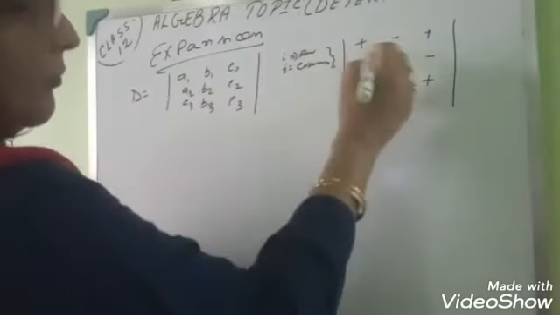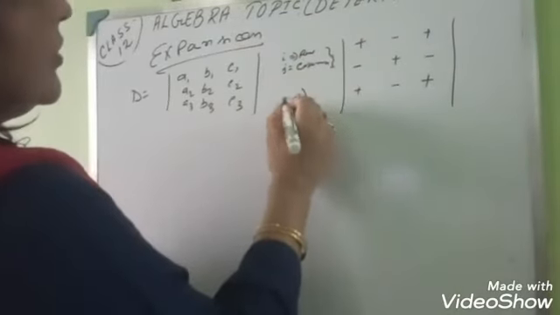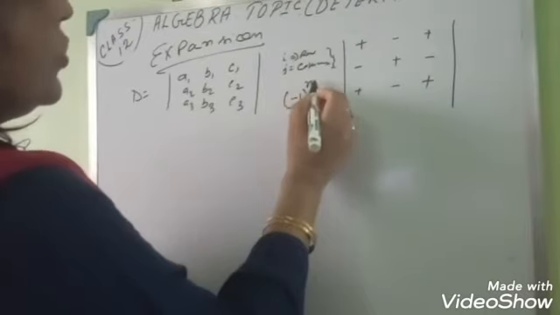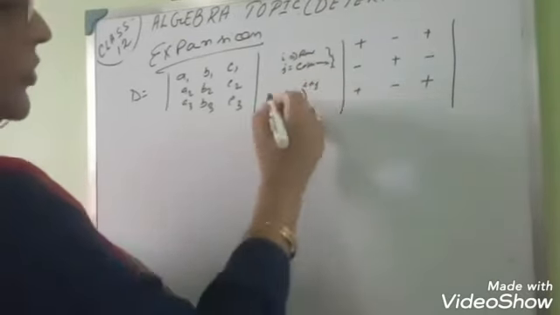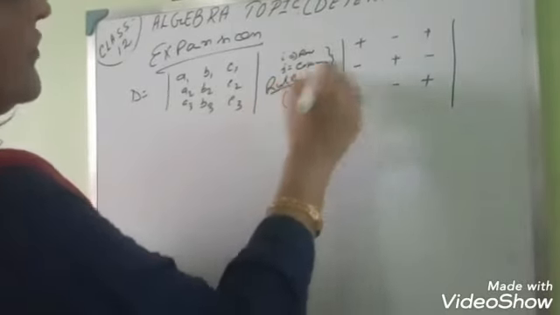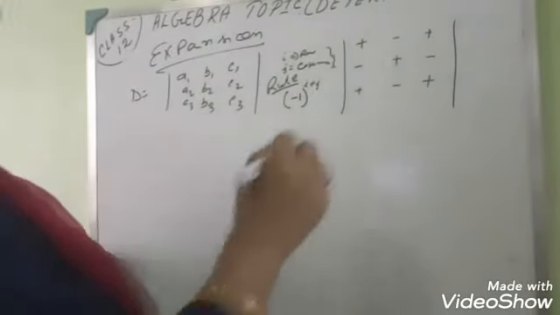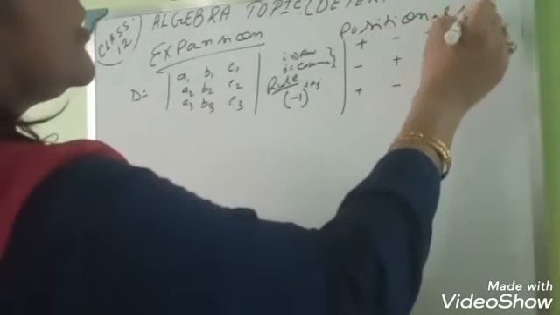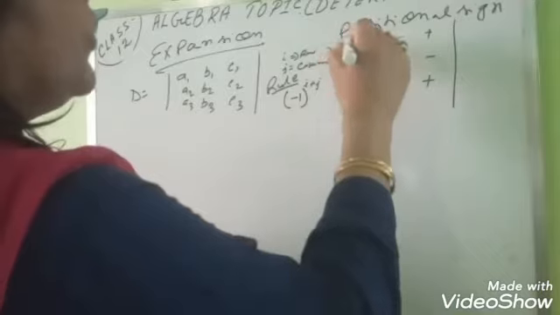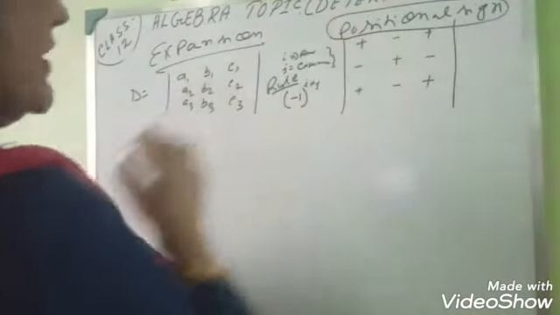Now how is it coming? (-1) to the power i plus j. Follow this rule. This is the rule to find the positional sign, and it is very important for expansion.